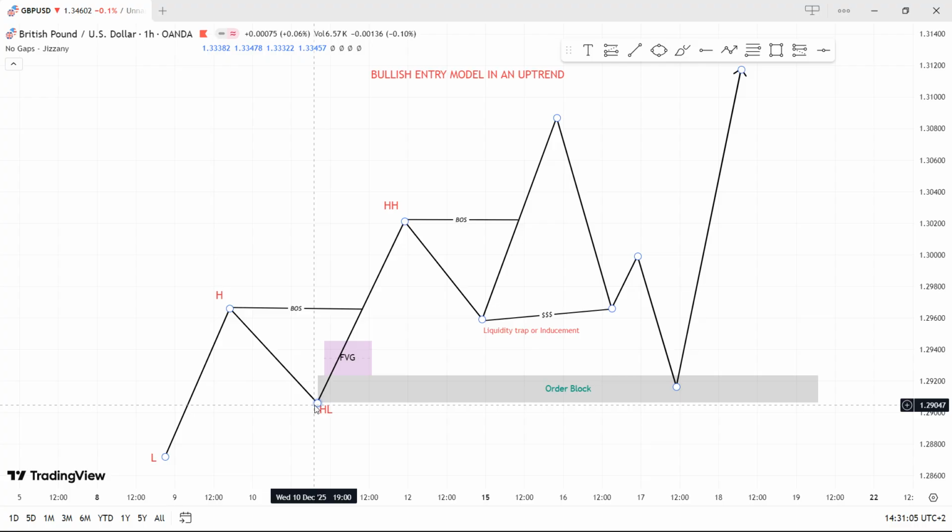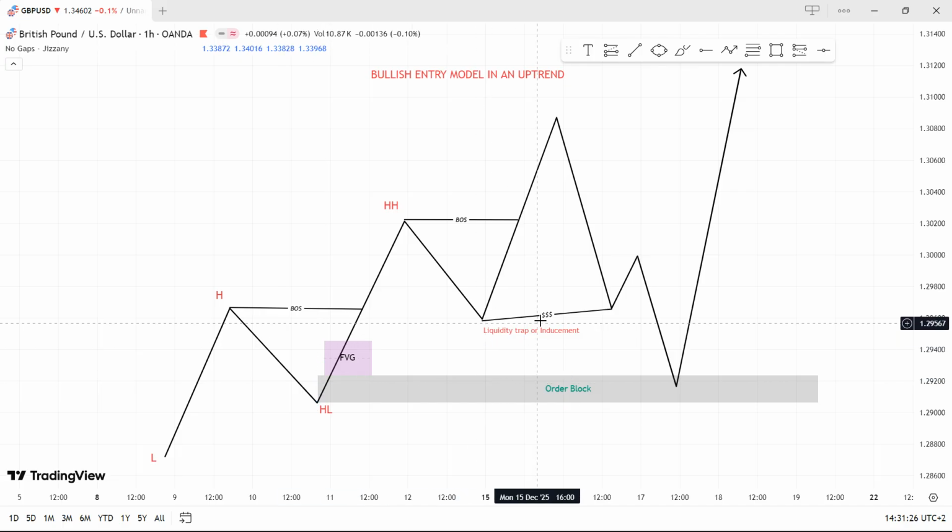Let me explain another thing that we have to be careful of. Remember, the market doesn't move smoothly. It always makes situations that will trick you into entering a trade prematurely. There is this thing that they call liquidity trap or inducement that I labeled here.